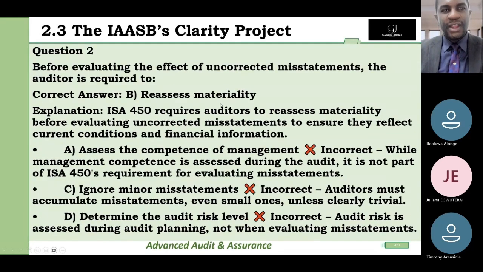Number 2, before evaluating the effect of uncorrected misstatements, the auditor is required to reassess materiality. Exactly, they both got it. ISA 450 requires auditors to reassess materiality before evaluating uncorrected misstatements to ensure they reflect current conditions and financial information.